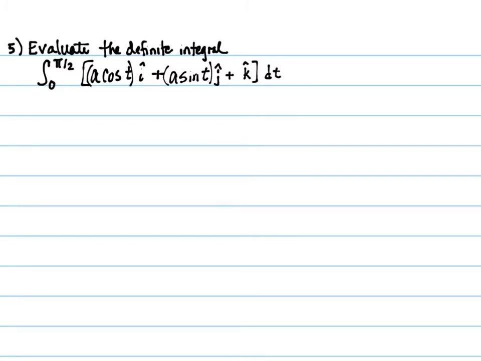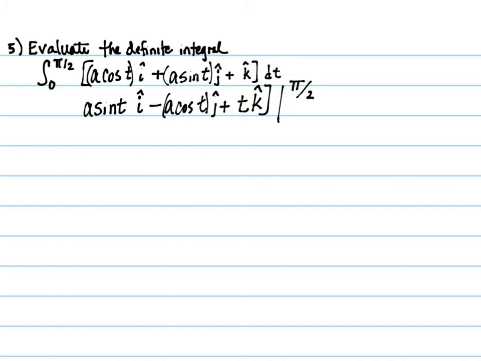The antiderivative of a cosine is a sine, so this is a sine of t i, plus the antiderivative of a sine t, which would actually be negative a cosine t j, plus t k. And evaluate from pi over 2 down to 0.